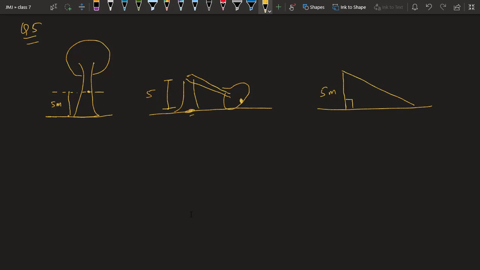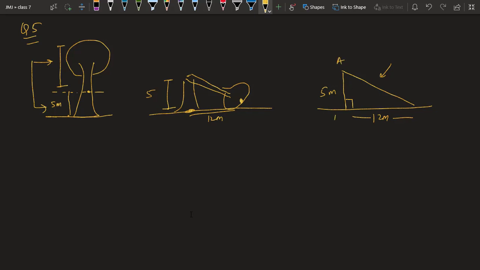This is base of tree, it is touching at distance of 12 meters. So this thing is given to us. Now what they are asking? They are asking find the original height of tree. So we need to find this thing which is our hypotenuse in this question. If we find the hypotenuse, we can add the hypotenuse and 5 meters to get the original height of tree.